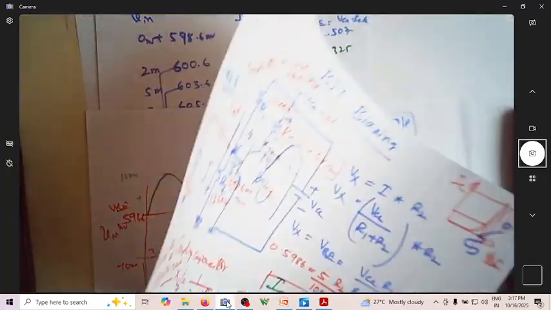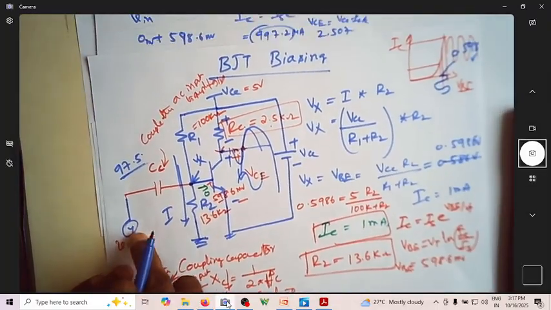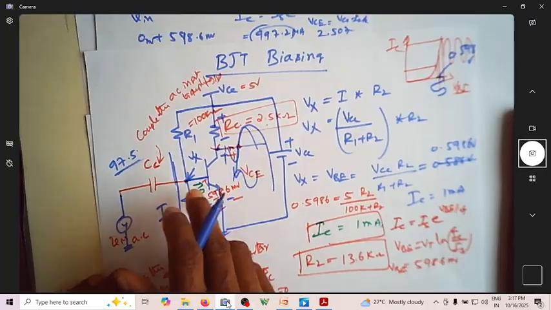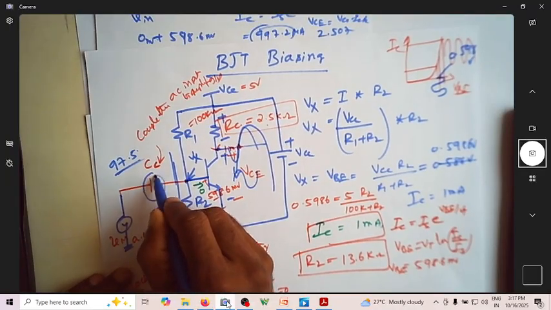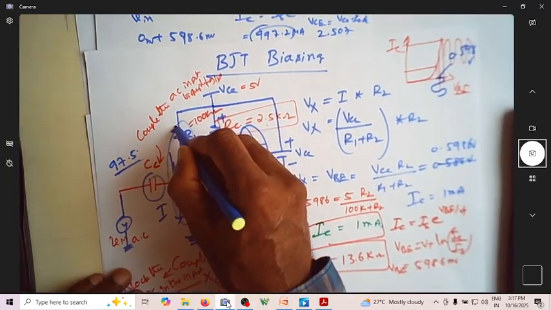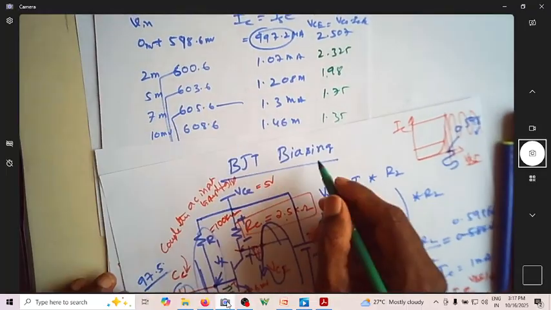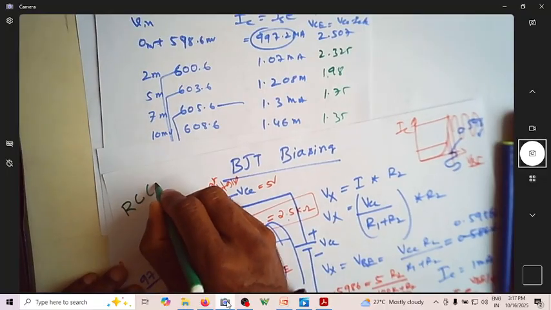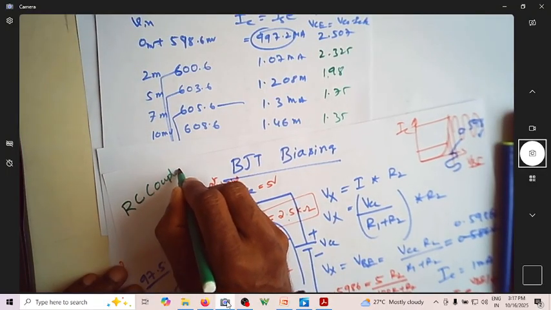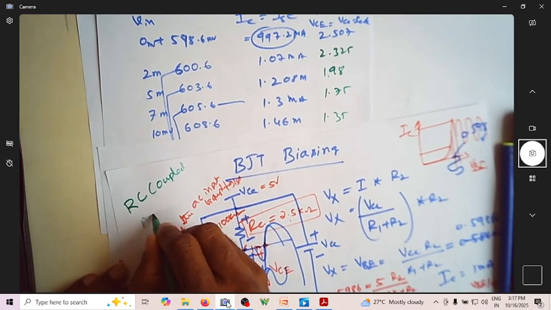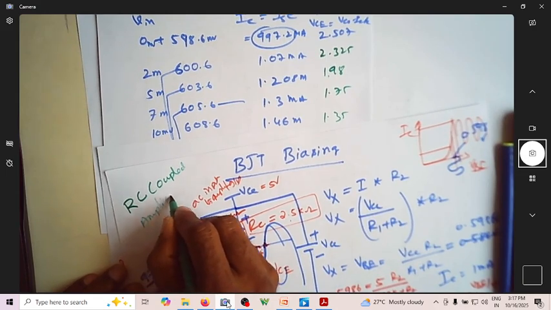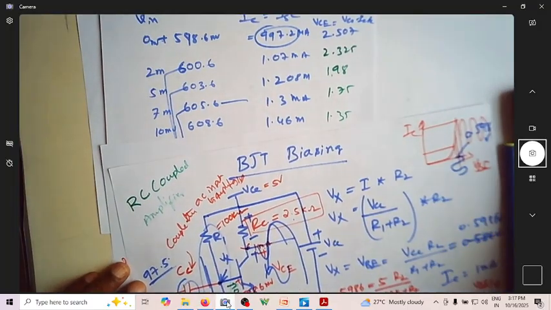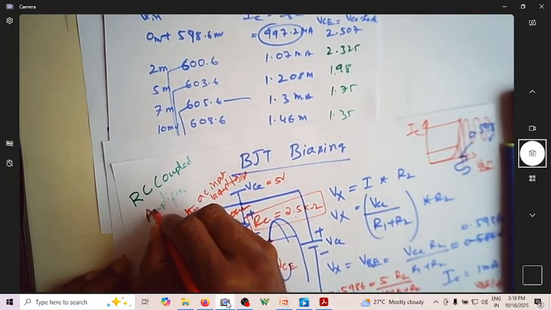Here you can see the input is coupled to this amplifier using capacitors and resistors. That's why the name of this amplifier is RC coupled amplifier.